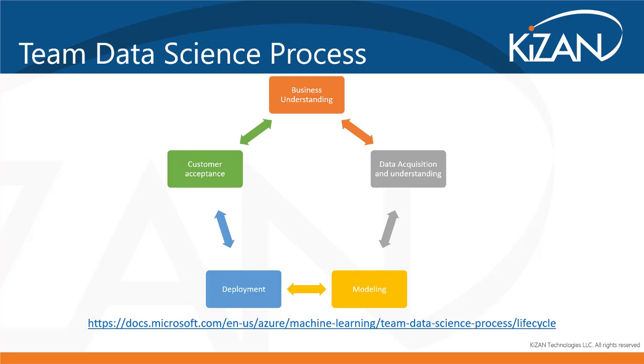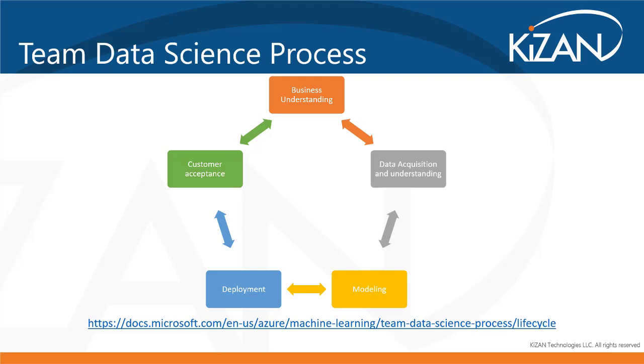Next, let's take a brief overview of the team data science process. The goals of business understanding are to specify the key variables that are to serve as the model targets. We need to identify related metrics to determine the success of our project. Then we identify relevant data sources that the business has access to or needs to obtain.